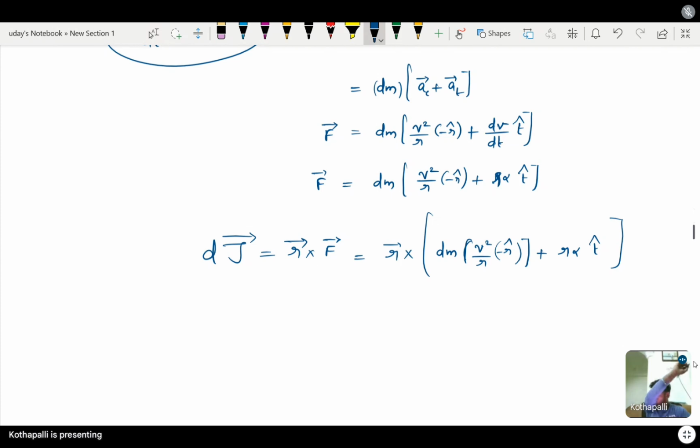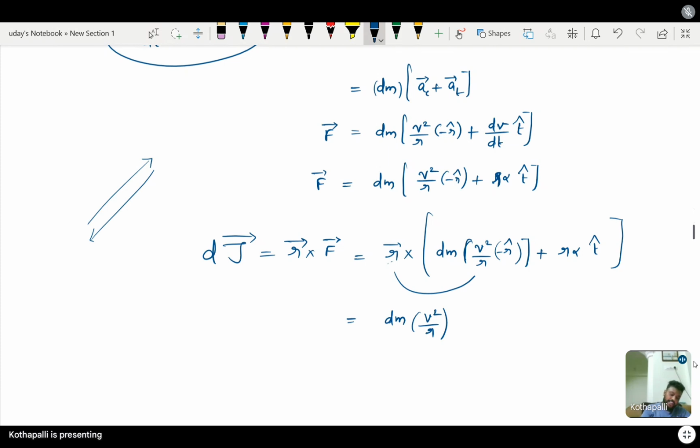Now see, very important point. If I take the cross product of these two, dm into v square by r, magnitude is like that, r vector cross r cap. R vector direction is away from the center, minus r cap direction is towards the center.